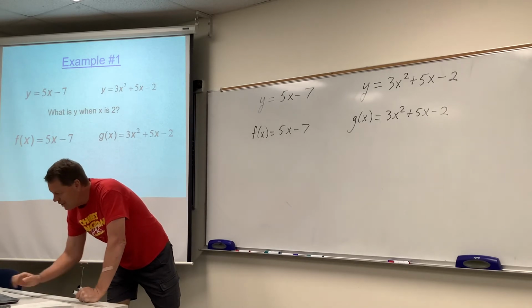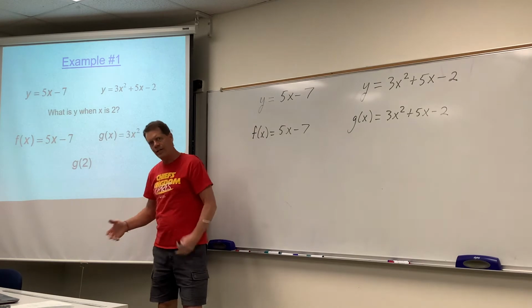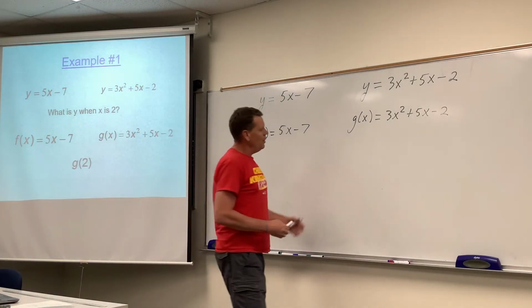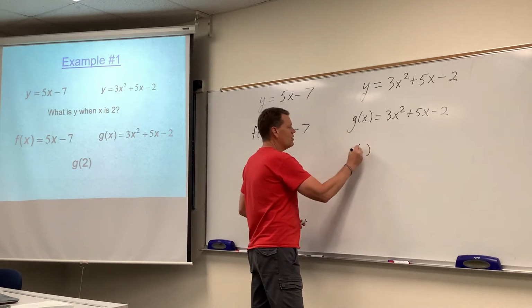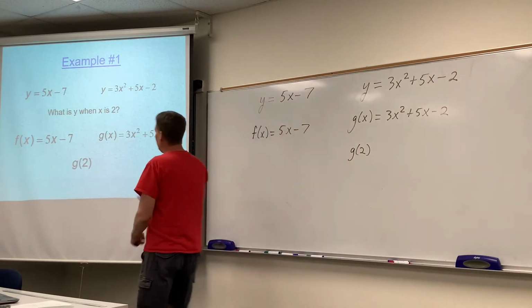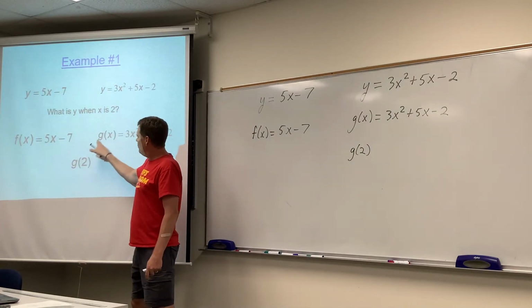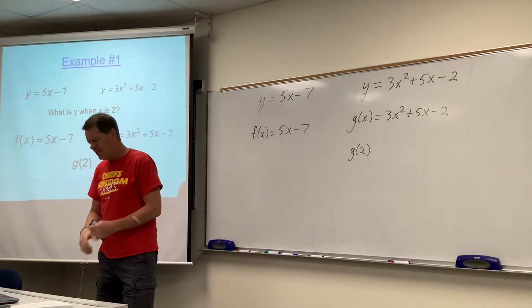So see, the deal here is now the symbol g of 2 is very clear. It identifies which function we want to use, obviously the one named Gertrude. So the symbol g of 2 is more clear than that question right there. This says go to the function named g and put 2 in for x. Very clear, very concise.